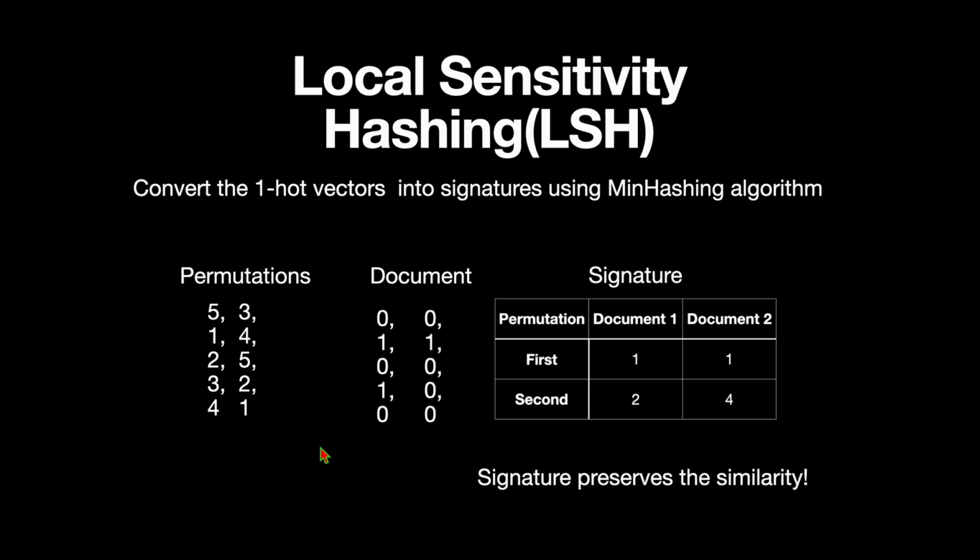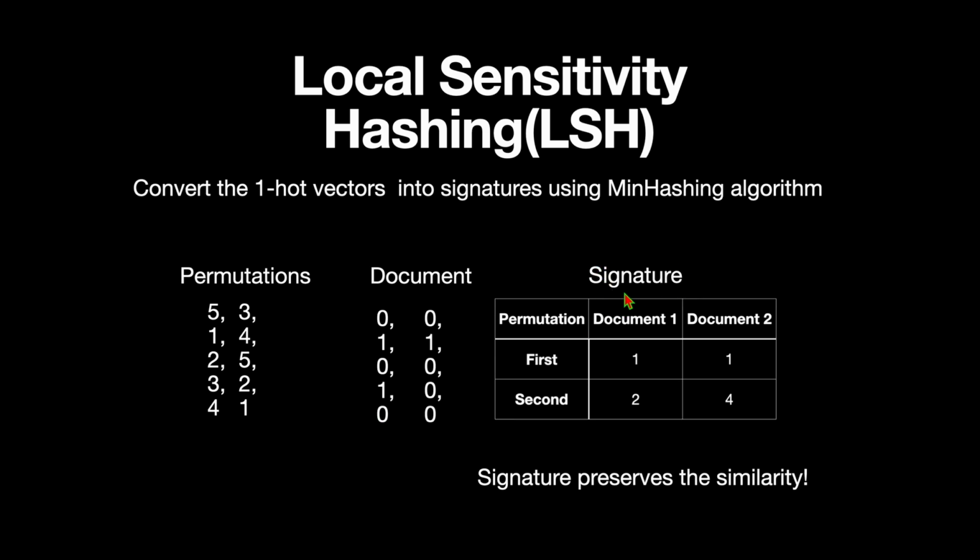We will take random numbers in sequence equal to the length of this, in this case 1, 2, 3, 4, 5, and we permute them in random order. In the first case, you can see it's 5, 1, 2, 3, 4. And in the second case, it's 3, 4, 5, 2, 1. So these are the 2 permuted vectors.